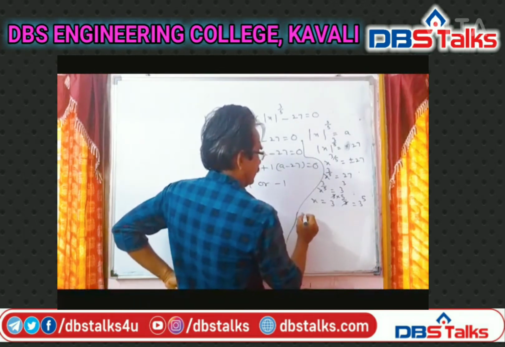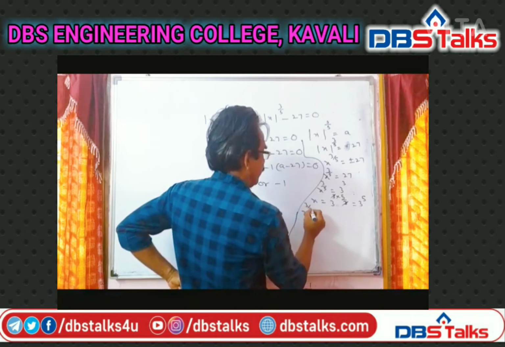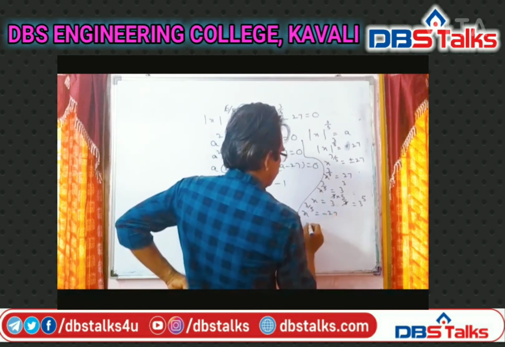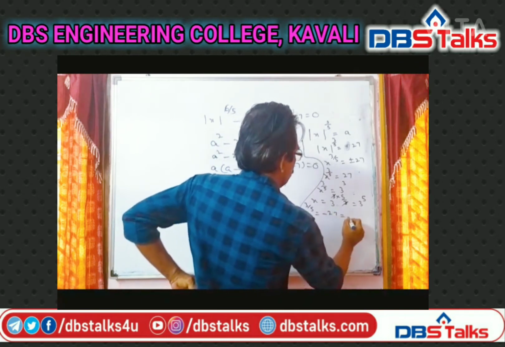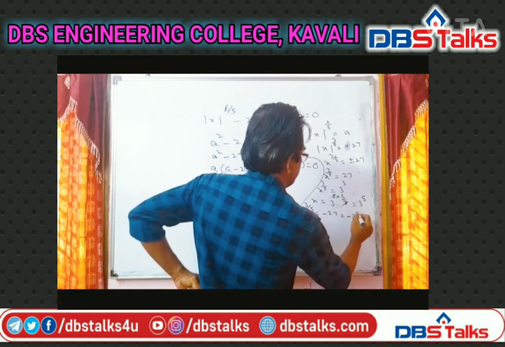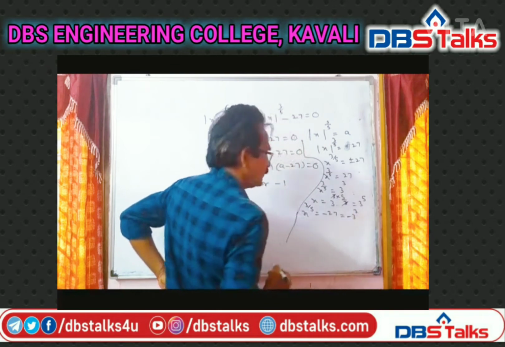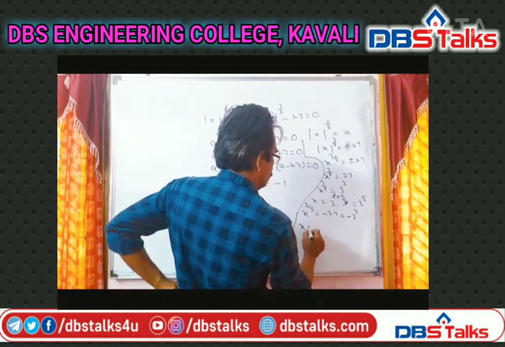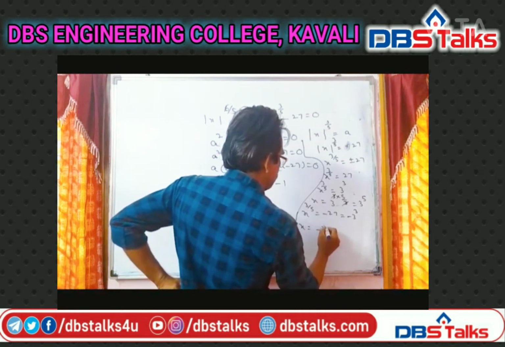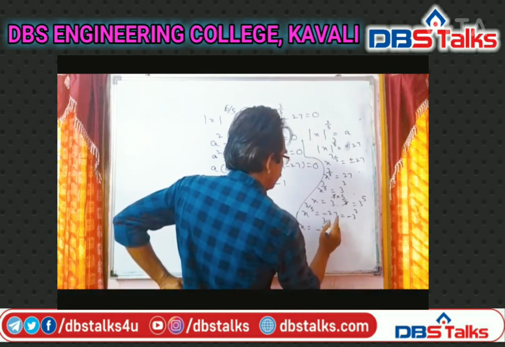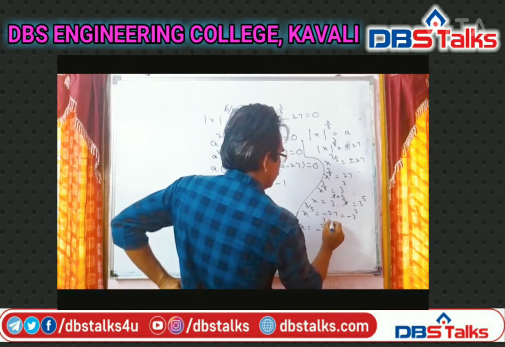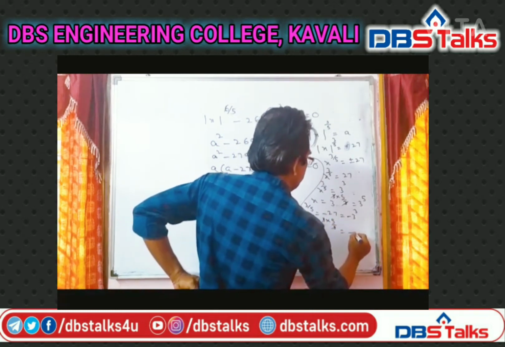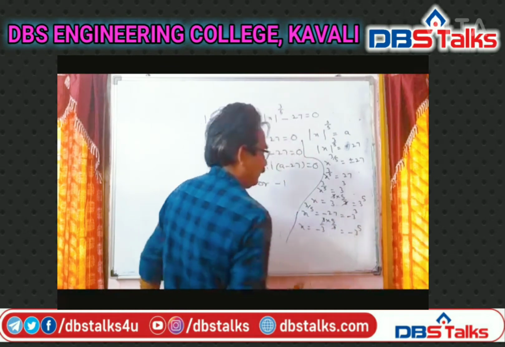Now, let us take x^(3/5) is equal to minus 27. That is equal to minus 3 cube. So x is equal to minus 3 cube into 5/3, that is equal to minus 3^5.